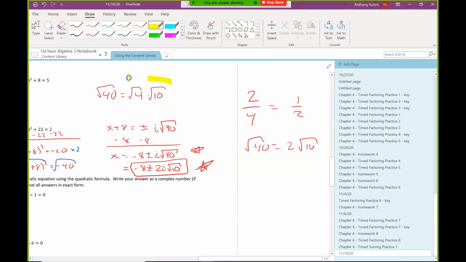And the reason I can do that is because the square root of 40 is 4 times 10, and the square root of 4 is 2. So I can just write that as 2 times the square root of 10. And that's just what we've agreed on as mathematicians. It's a convention that those two values are equal, square root of 40 and 2 times the square root of 10, just like 1/2 and 2/4 are equal. We just consider one simpler than the other.